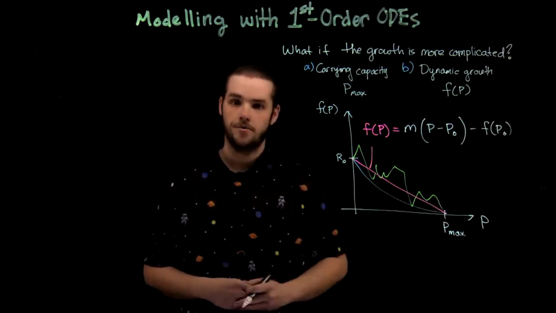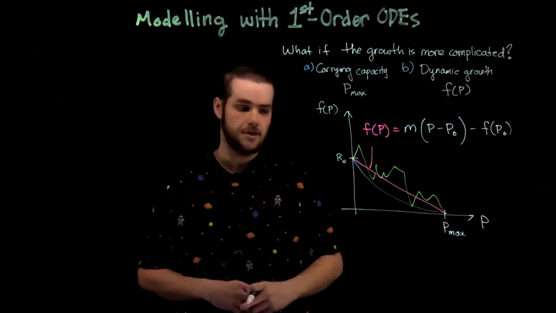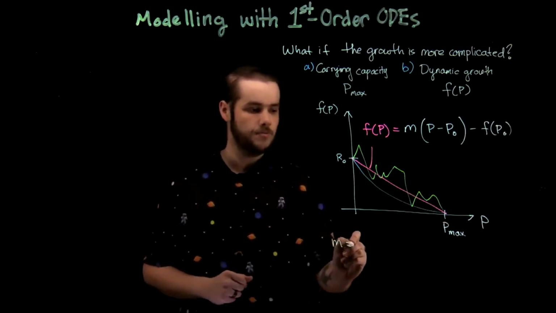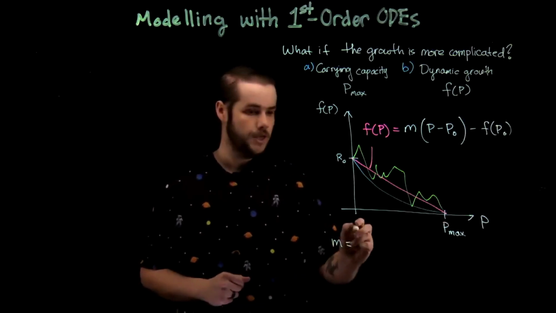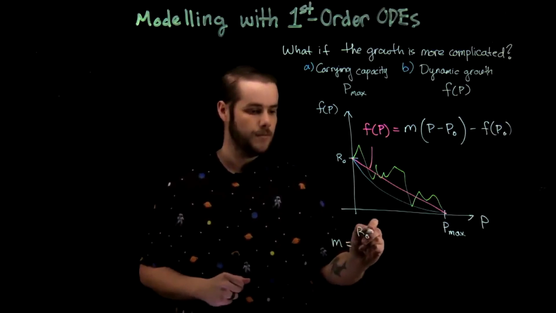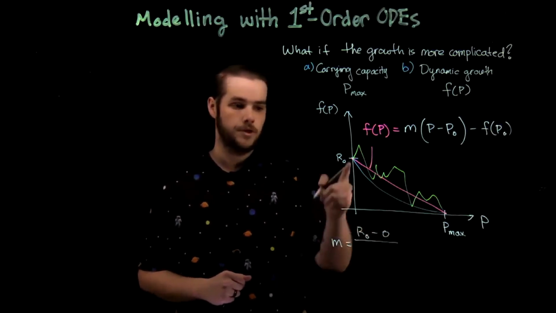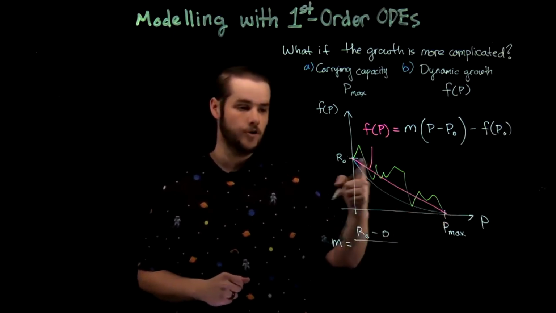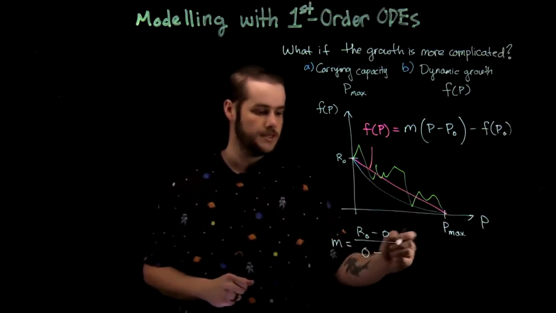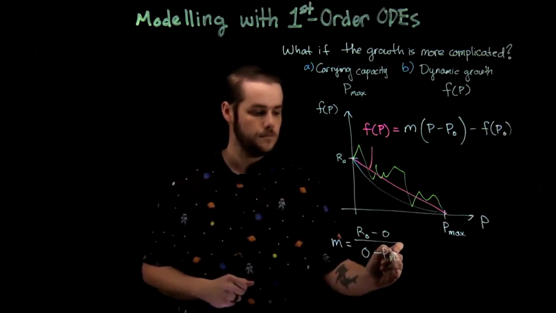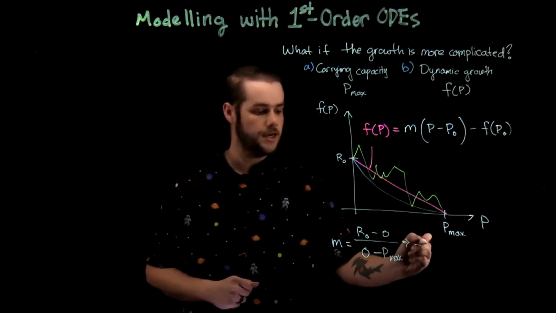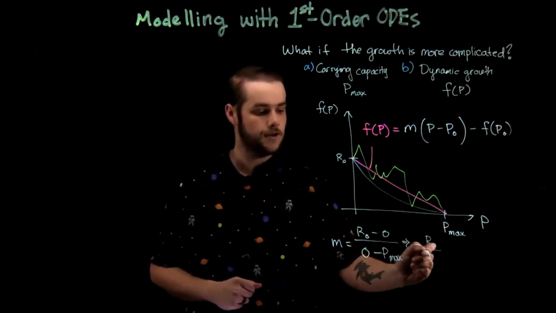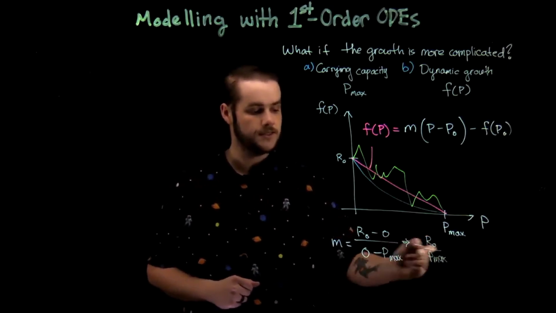I also know that 0 comma r0 is on the line. Those 2 points can give me the slope. I know that it should be r0 minus 0, right? If I'm calling this y2 minus y1 over x2 minus x1. That tells me I get negative r0 over p max as the slope.